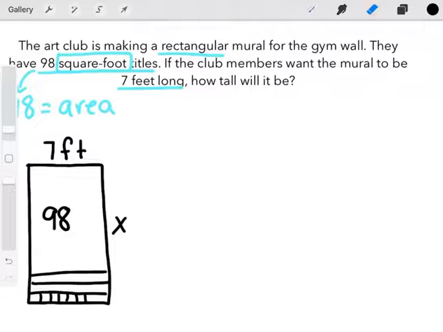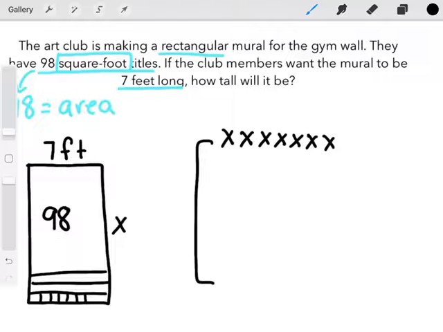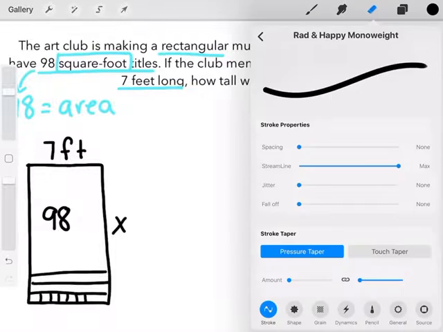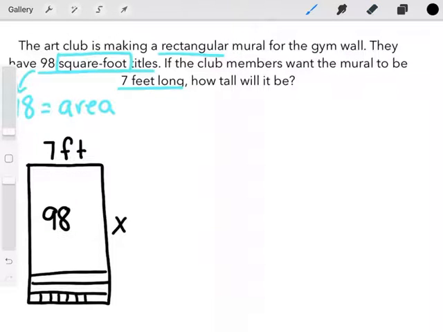You could have drawn a picture, so you could have actually made an array, 1, 2, 3, 4, 5, 6, 7, until you did 98 X's to see how many rows you would need to make. You also could have done it by finding multiples. So I'm going to teach you a different strategy, and it is dividing it into parts.